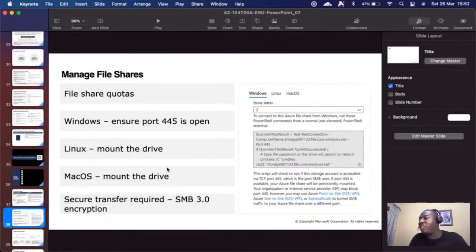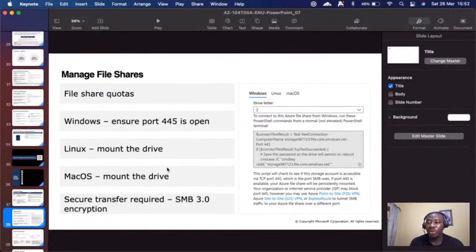Now, managing file share. Managing file share is all about how you configure access to your file share. Depending on the environment you're making use of, Azure has done an automatic configuration for you so that you can mount these file shares and have them available in your local operating system.